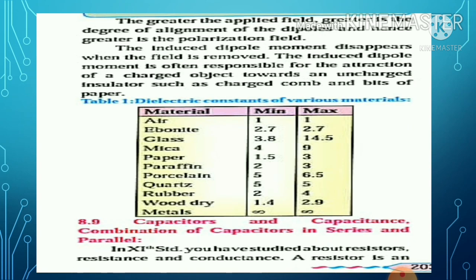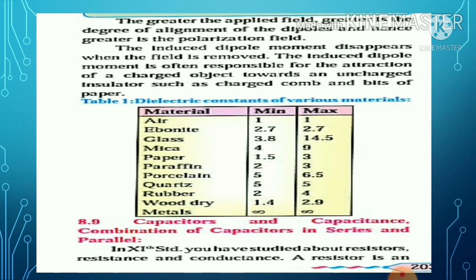The induced dipole moment is responsible for the attraction of a charged object towards uncharged insulators, such as a charged comb and small pieces of paper. In this experiment, this statement is verified.